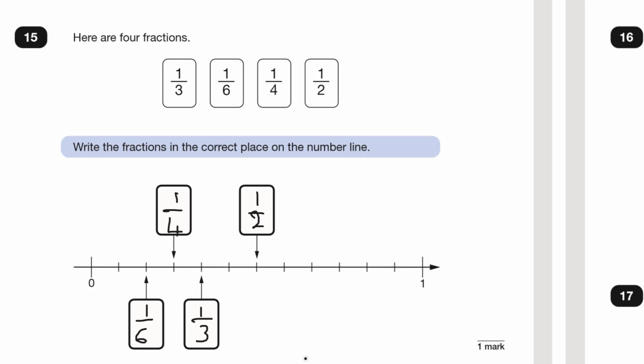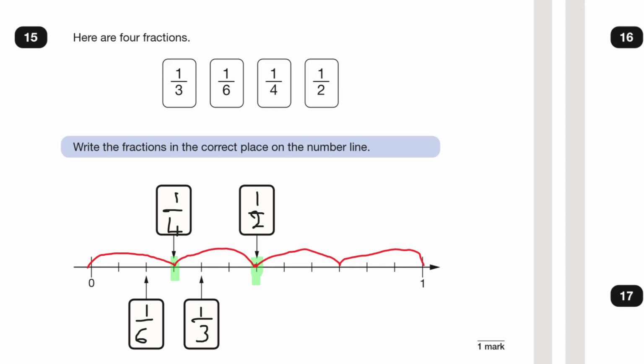The other way, you hopefully could see that this one is halfway, and that half of a half is a quarter. You could see that that is a quarter of the way along. If we jumped like this, 3, 3, 3, 3, you can see that that is one quarter of the way round.